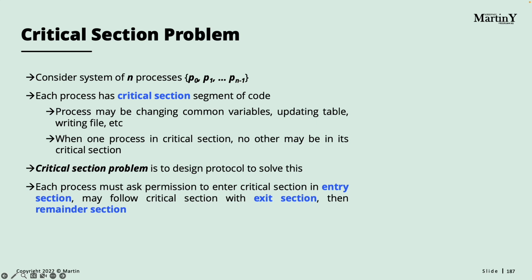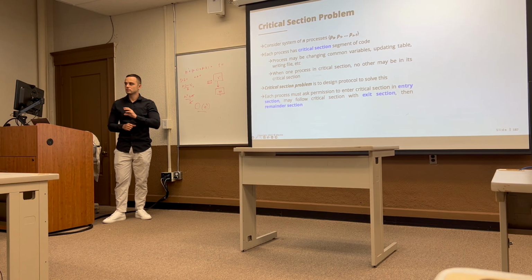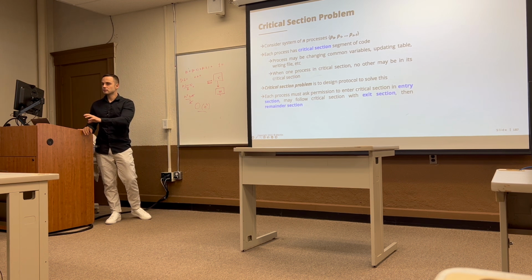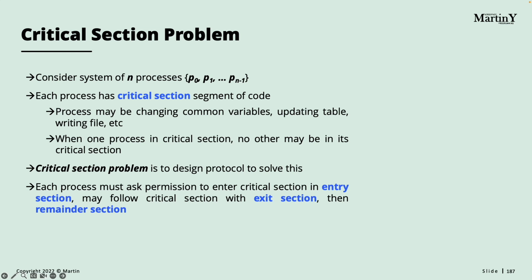If we think about processes as different sections of code, some of those are related to the critical section, updating something, and some are not. We can then divide the code that builds our process into three sections. The entry section, which is the code before going into the critical section.